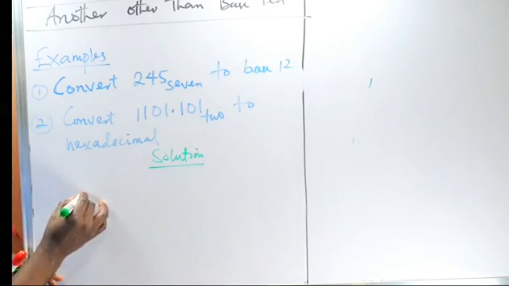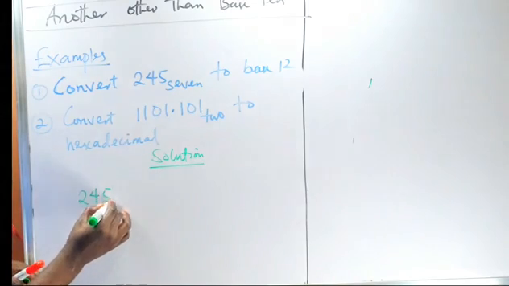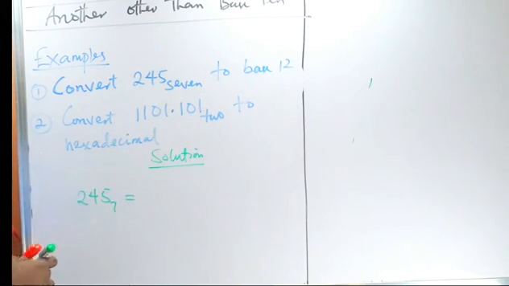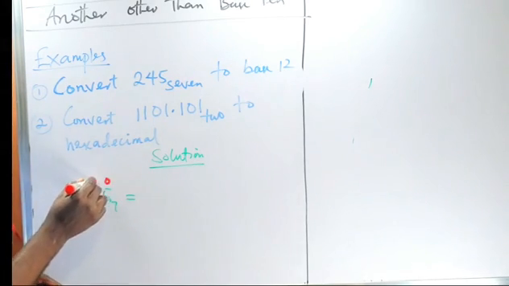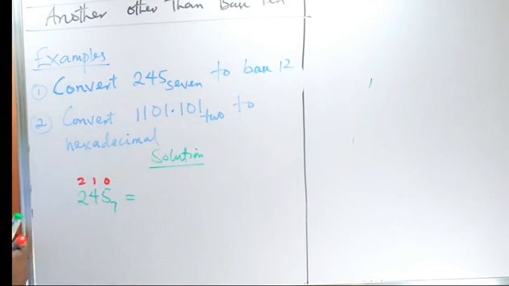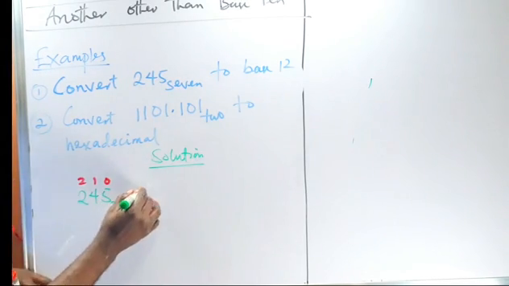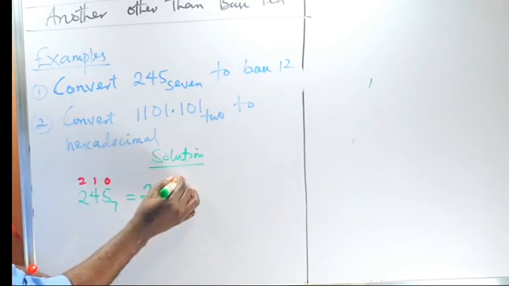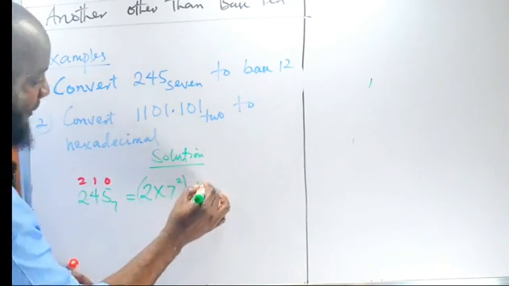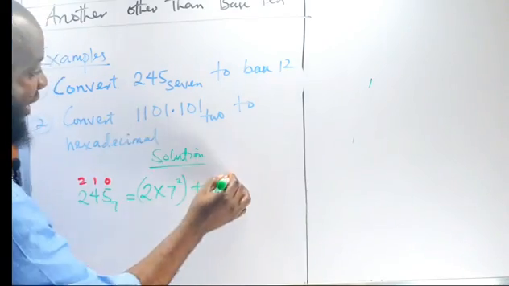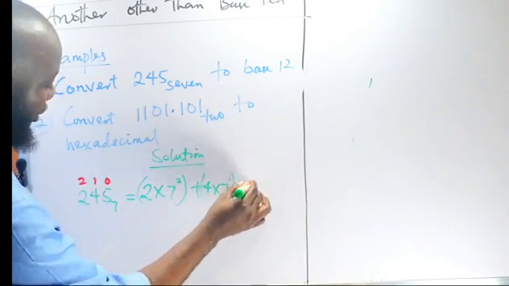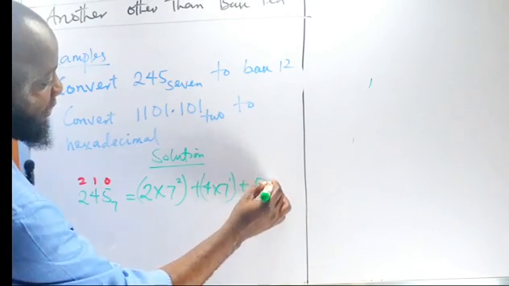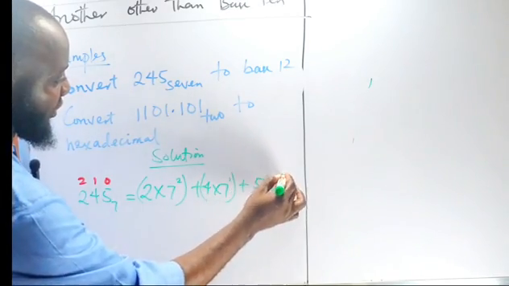So we convert 245 base 7 to base 10. Don't forget, we start from the right with powers 0, 1, 2. So that means we have 2 multiplied by 7 raised to power 2, plus 4 multiplied by 7 raised to power 1, plus 5 multiplied by 7 raised to power 0.